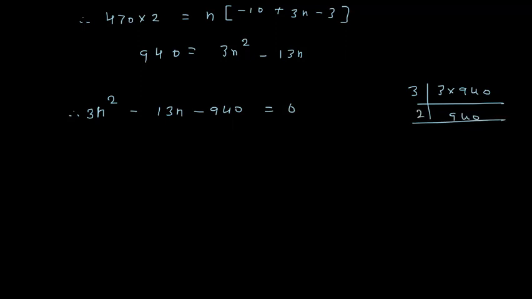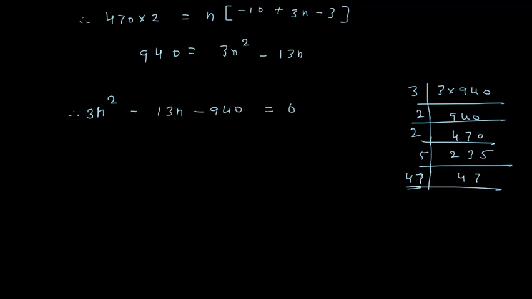Then 47. I think this is a prime number, it cannot be divided. Now here it is 5 into 12, 60. So 60 and 47, the difference is 13.